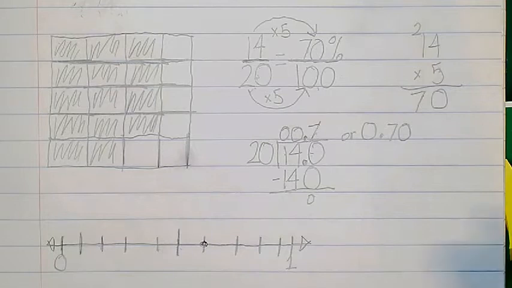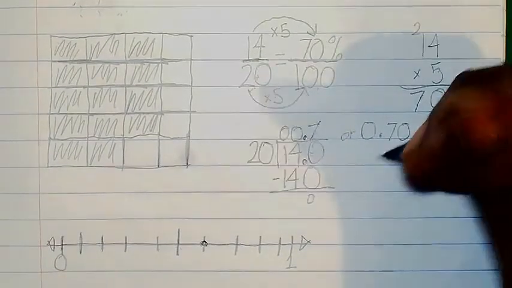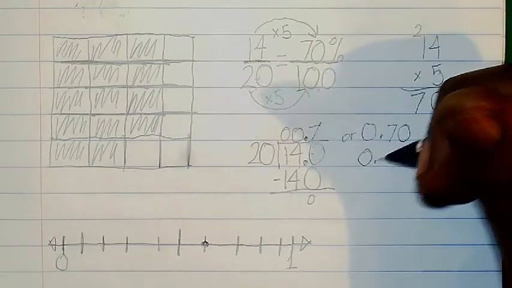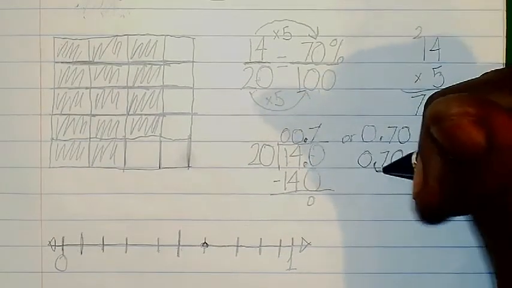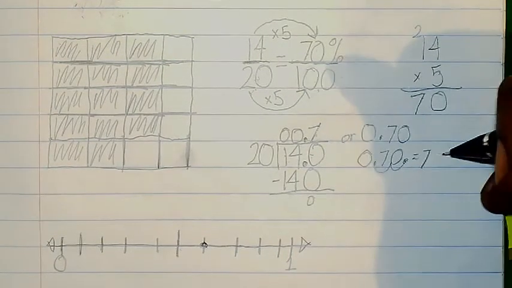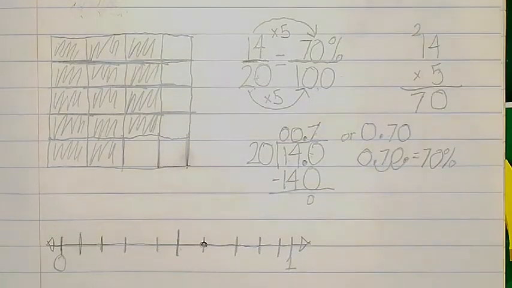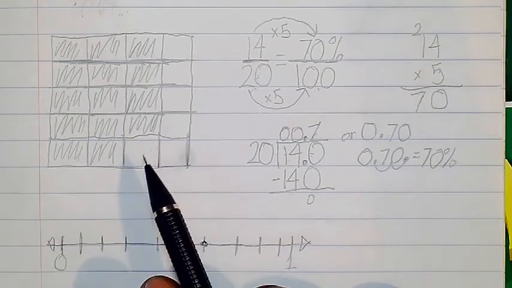And of course, if we're changing a decimal to a percent, move the decimal point 2 places. So I'm going to rewrite this here. And that equals 70%. All right. So that's how you would solve this type of problem when given a model.